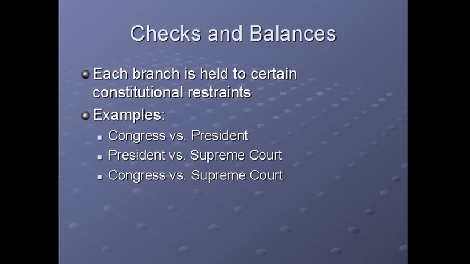Same thing between the President versus the Supreme Court. The President can make an executive decision, and later on down the road, that can be challenged by the Supreme Court, and the Supreme Court can declare the presidential action to either be constitutional or unconstitutional. And then finally, what we've seen most commonly taking place is when Congress has made laws, and then that gets blocked by the Supreme Court, where the Supreme Court may declare something unconstitutional.